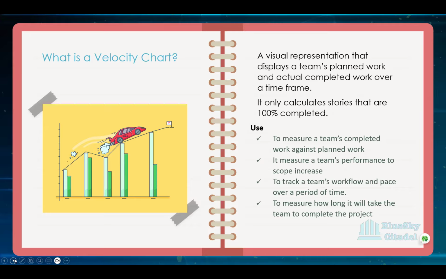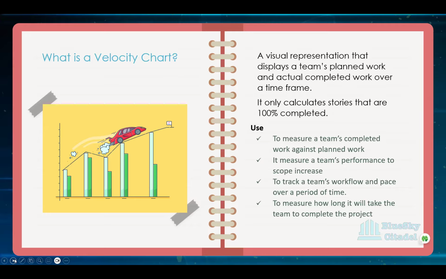And you can use it. The velocity chart can be used to measure a team's completed work against what was planned. So this is what we planned to do, and this is what we did. So the velocity really looks at a team's pace. What is our pace? And are we sustaining that pace over a period of time, over some set of sprints? Have we been able to sustain our pace as a team?